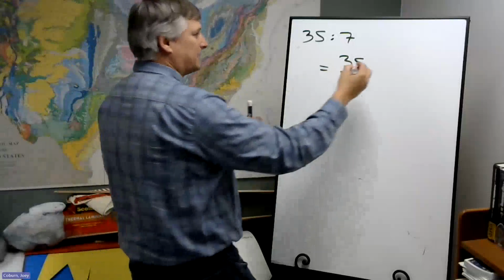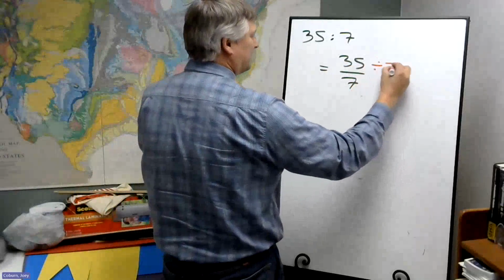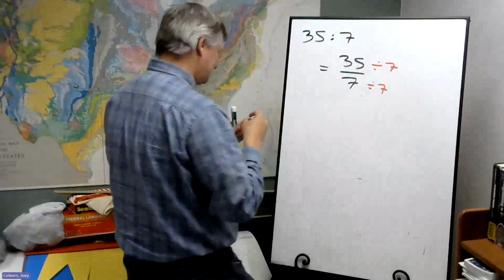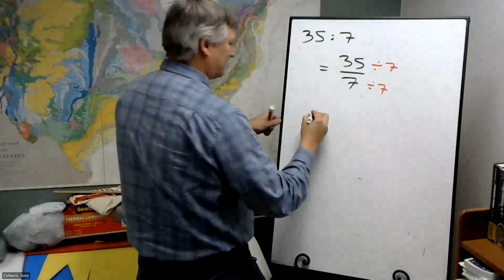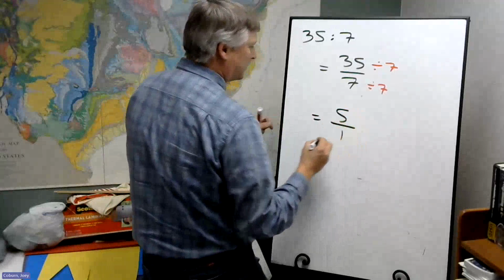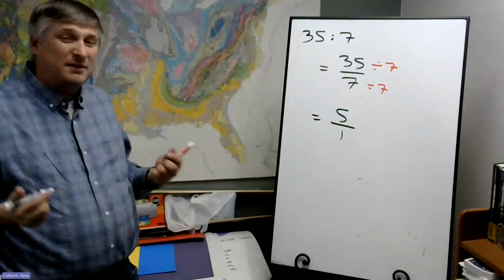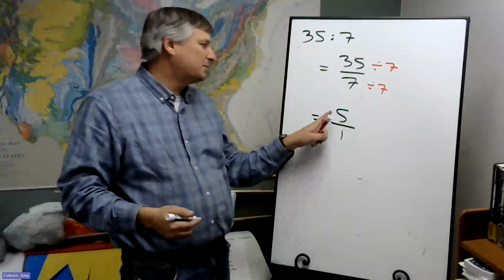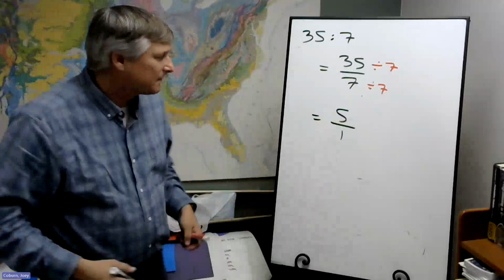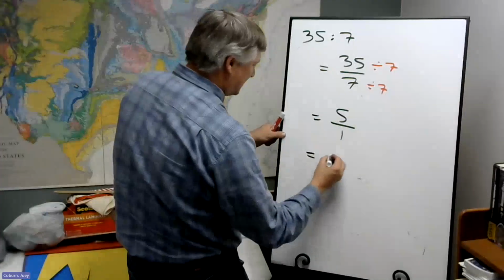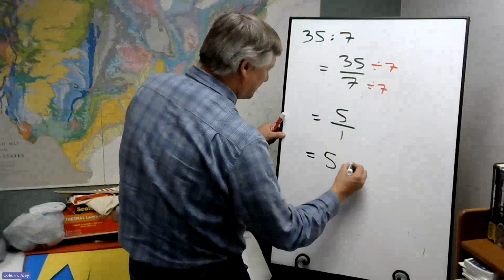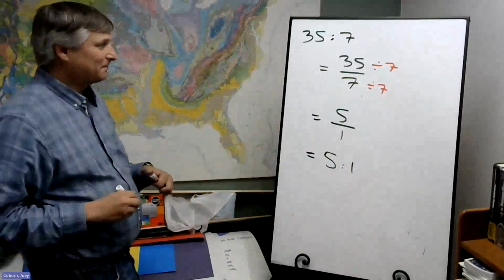And we could reduce this, divide top and bottom by 7, and we get 5/1. With fractions, we would say 5 divided by 1 is 5. But with ratios, we might just say 5 to 1, like that.